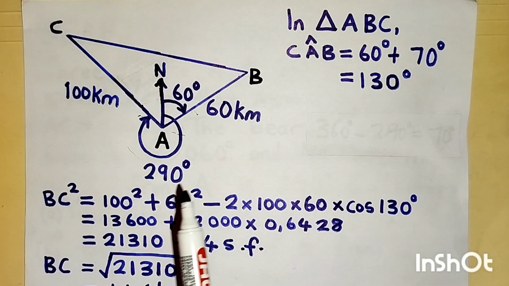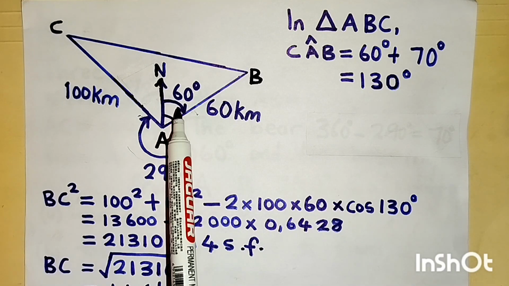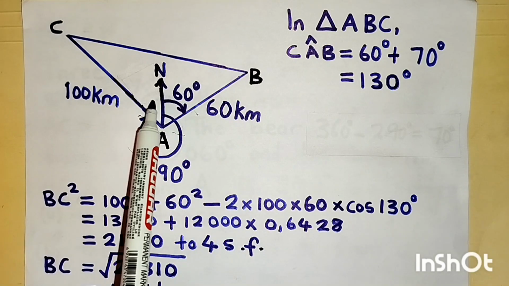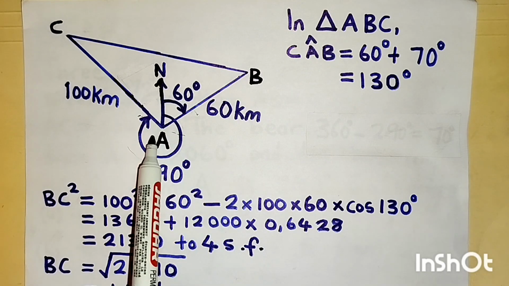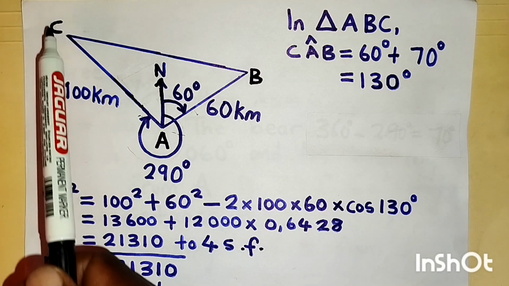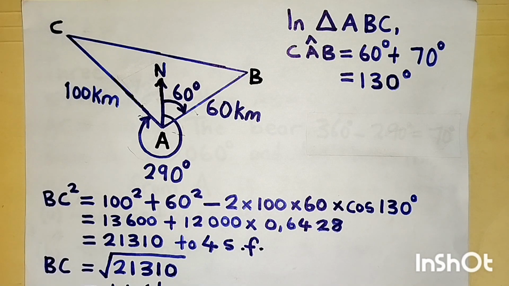But for now, I only know the size of this angle, 60 degrees, which is between the north arrow and AB. So I must know the size of this angle, which is between the north arrow and AC, for me to have the whole angle CAB and then proceed to use the cosine rule.